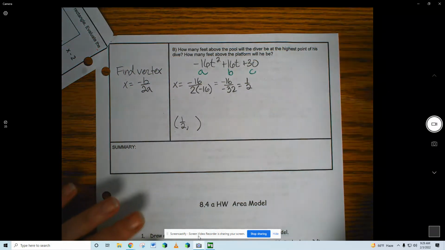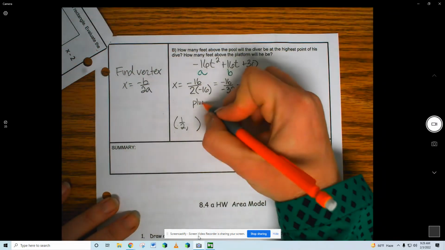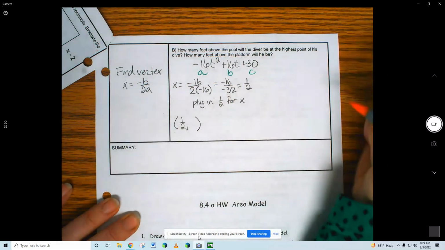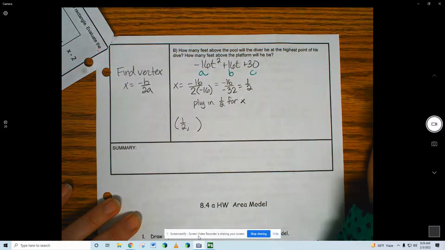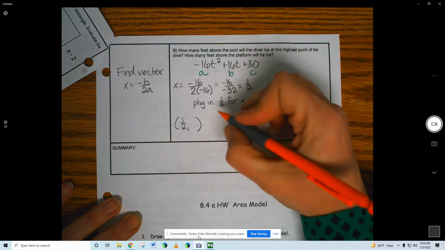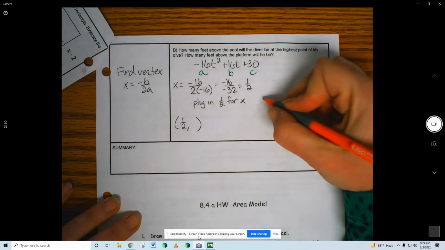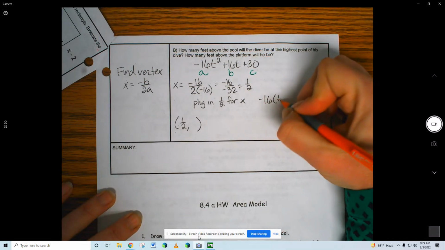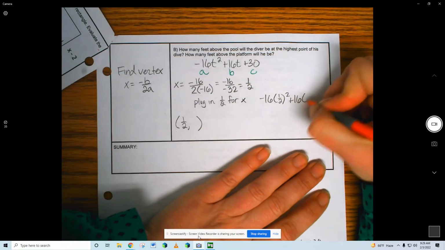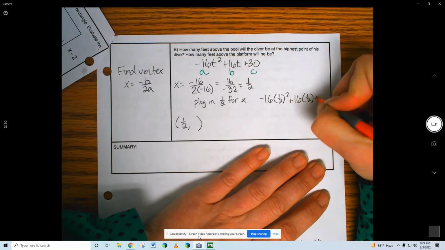So plug in 1/2 for x. Negative 16 times 1/2 squared plus 16 times 1/2 plus 30.